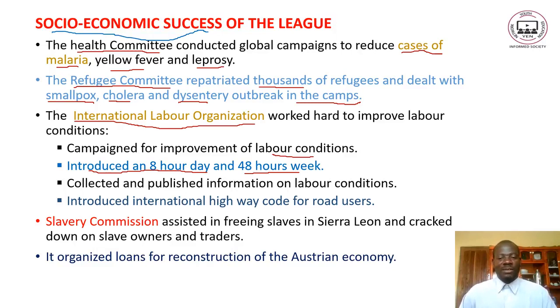So if we start from half past 1 to half 2, half 3, half 4, people are supposed to knock off. That is 3 hours. So 3 plus 5 in the morning, that is 8 hours. That one, again, has been adopted from the International Labour Organization. So it was a success, because even up to now, we are using such things.